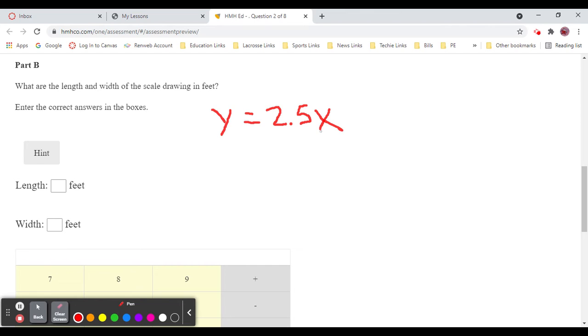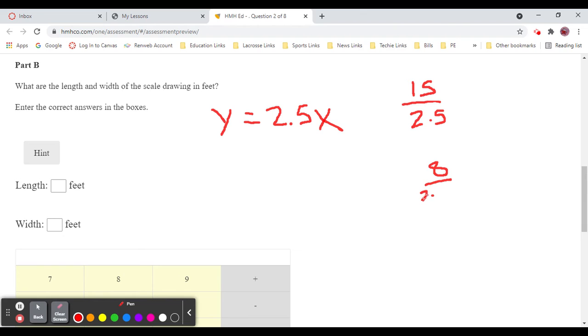Essentially we know y in this case is 15 for my length and 8 for my width. So we're going to take y and we're going to go 15 divided by 2.5 for the first one. And for width, we're going to go 8 divided by 2.5.